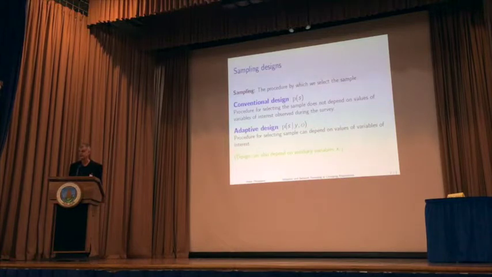And in a conventional design, that doesn't depend on other values unless they're auxiliary data known for the whole population before the survey. In the adaptive design, the probability of selecting the sample can depend on variable values associated with units in the population, and it might depend on some design parameters or even population parameters as well.